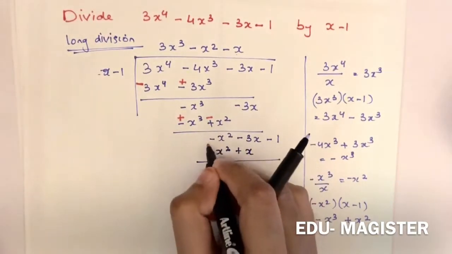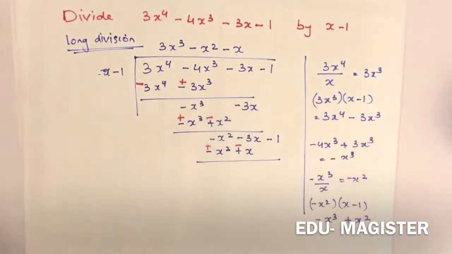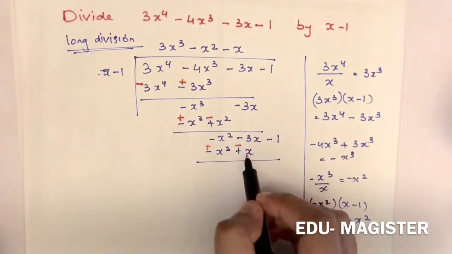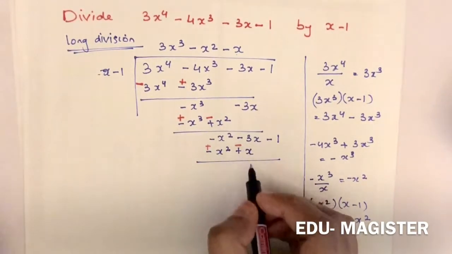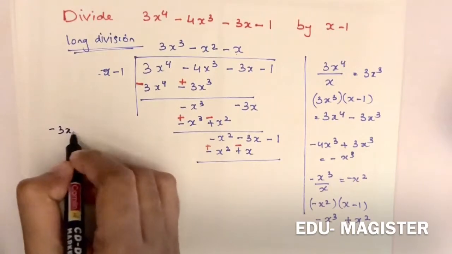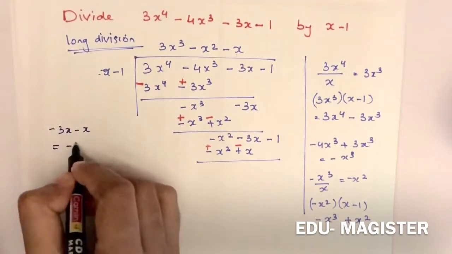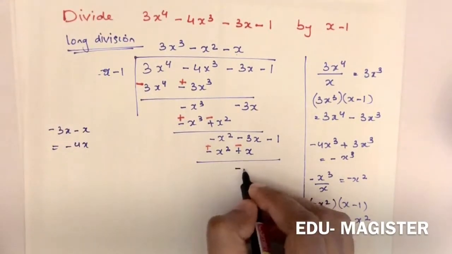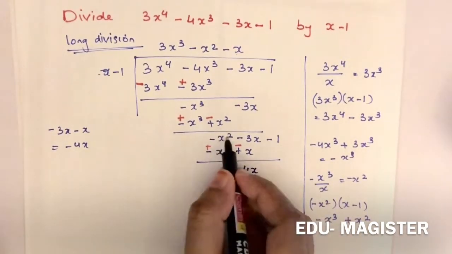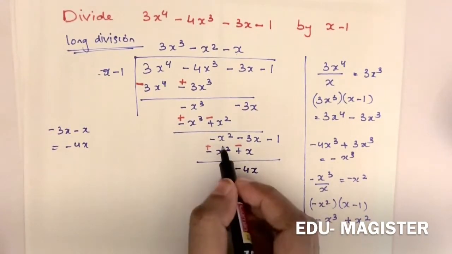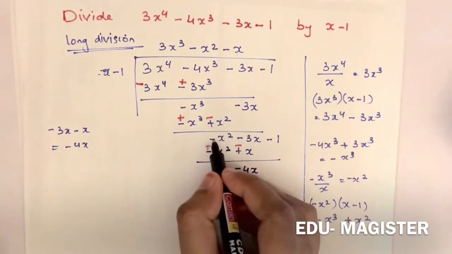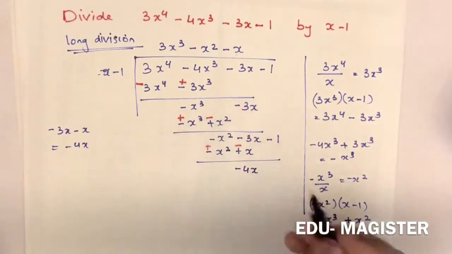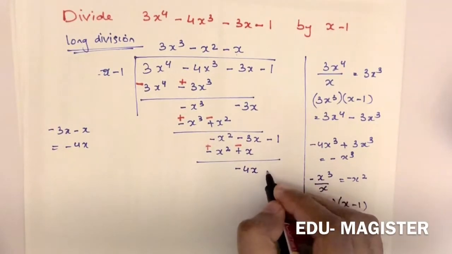While subtracting, we need to change the sign. This is minus 3x minus x, answer will be minus 4x. So this is minus 4x. This and this will get cancelled off because it's minus and this is plus. Next, bring it down.